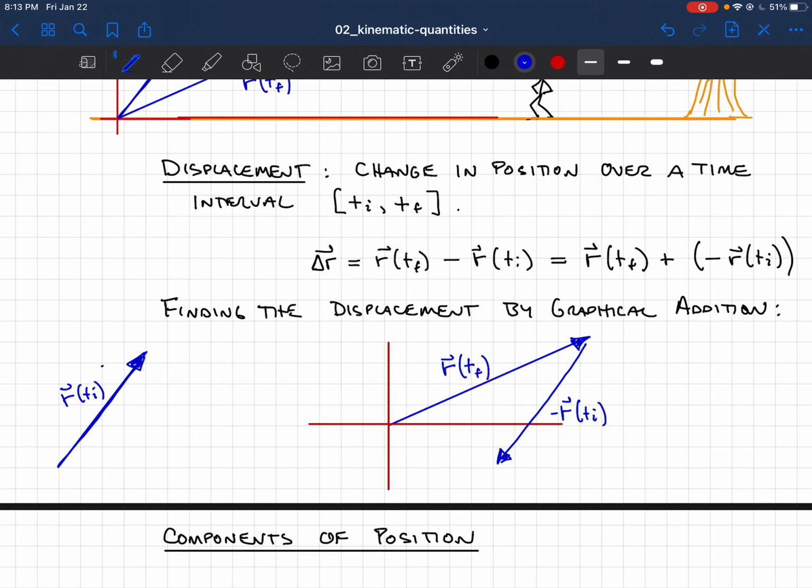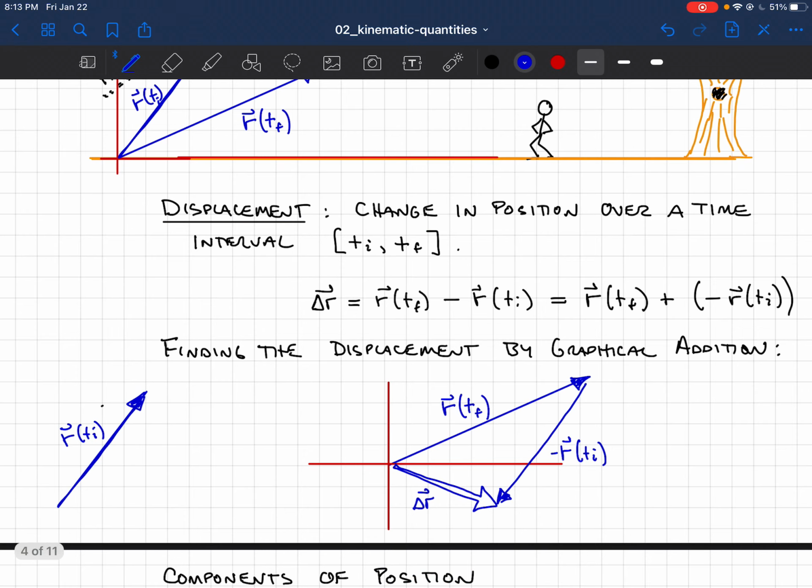And remember, the resultant, the sum of those two vectors, goes from the beginning to the end, from the origin to the last head. So this is our resultant, and the name of that is the delta r vector. That's our delta r.